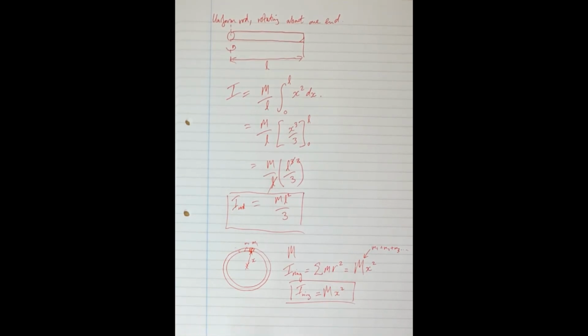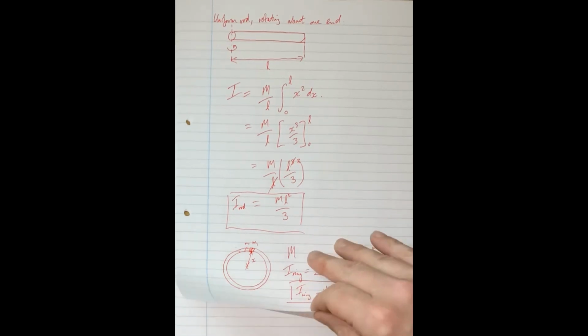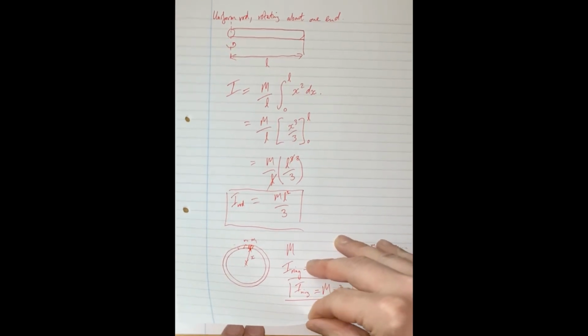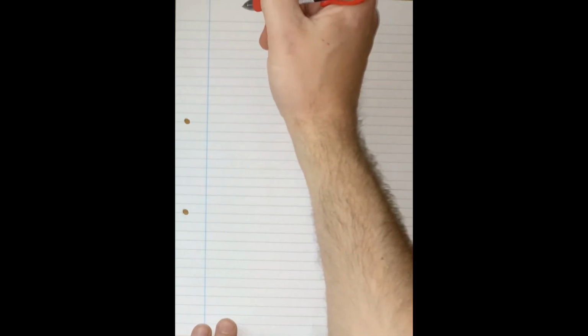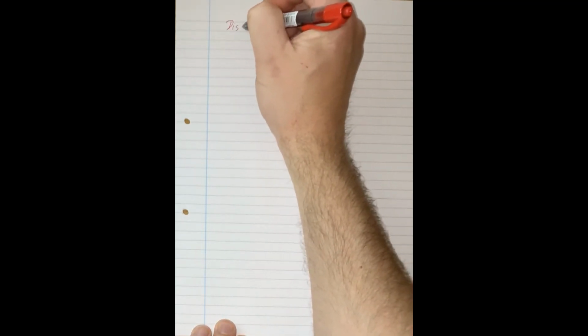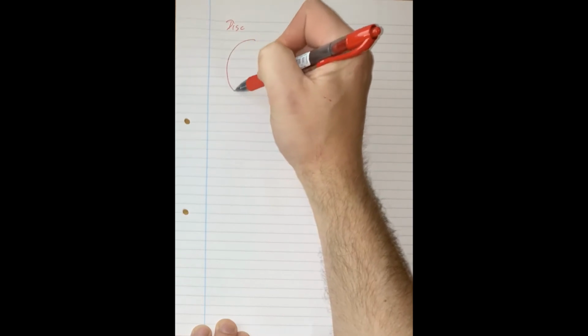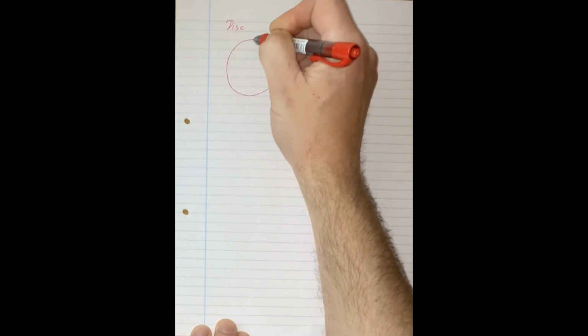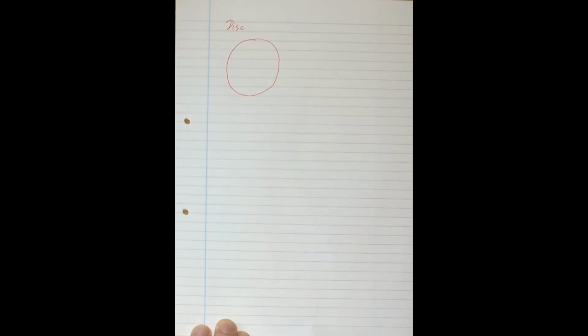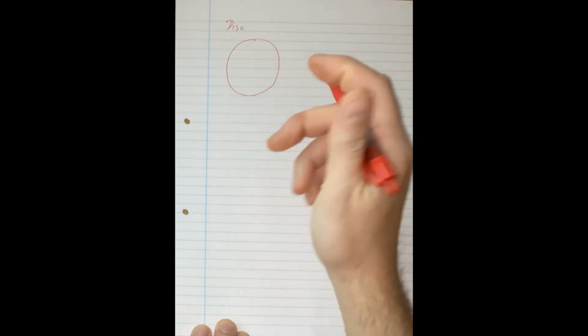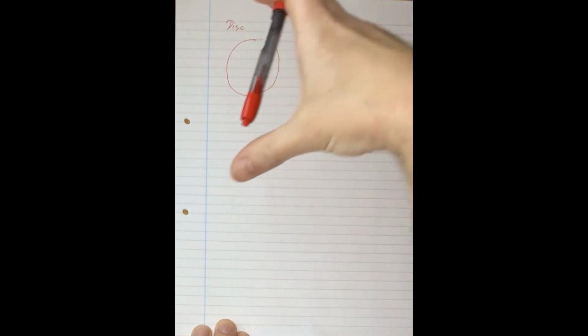Now what we're going to look at is not just a ring, but an actual disc. So this is now a disc. A little trickier, but if we think about it in terms of the ring, but many rings.